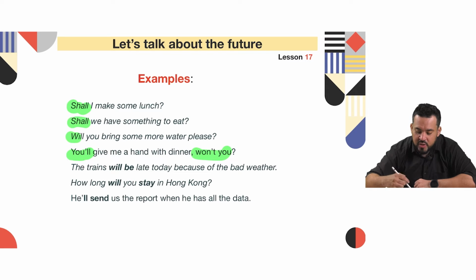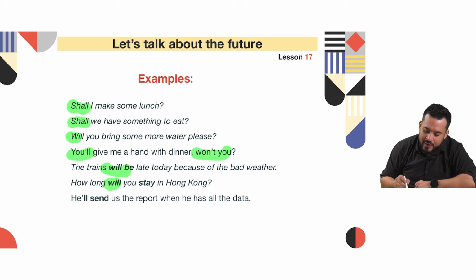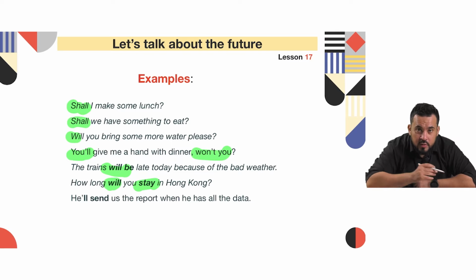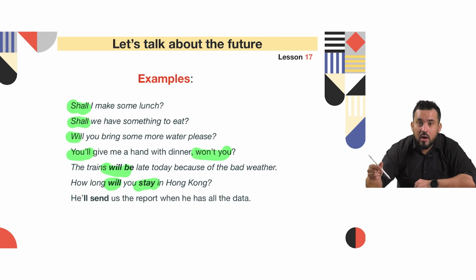The trains will be late today because of the bad weather. How long will you stay in Hong Kong? He'll send us the report when he has all the data.